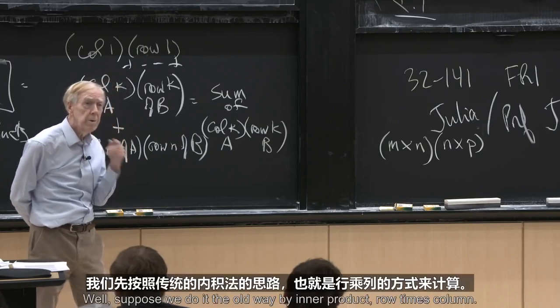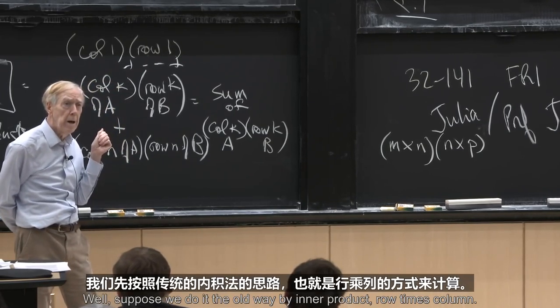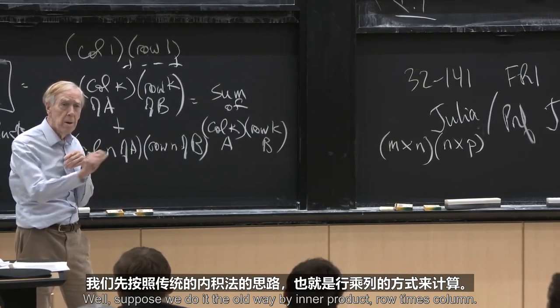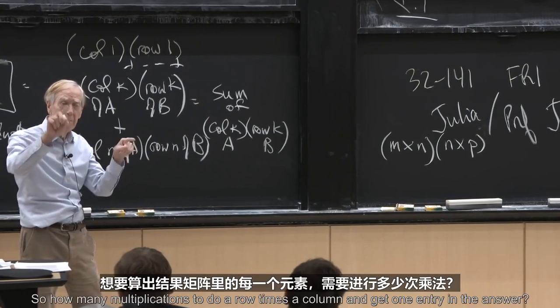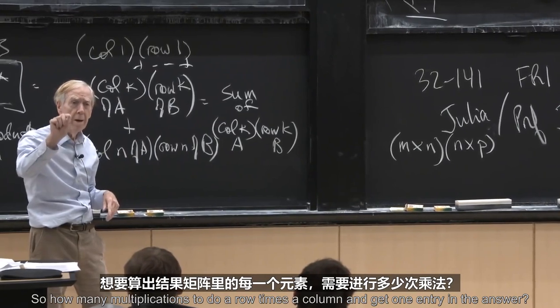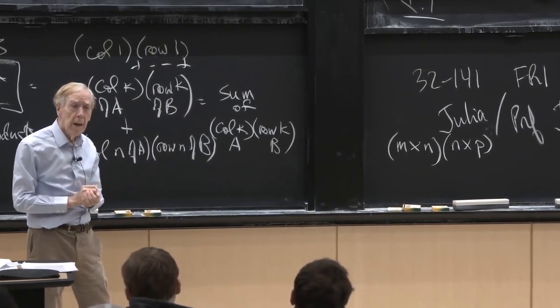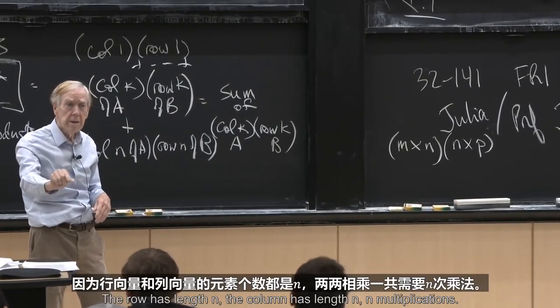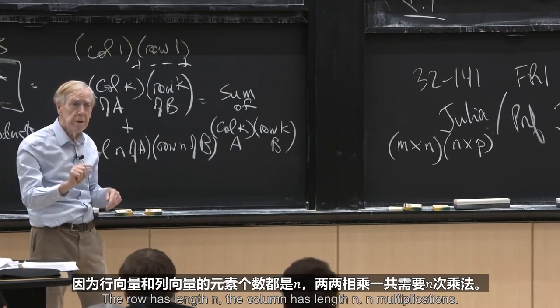Well, suppose we do it the old way by inner product, row times column. How many multiplications to do a row times a column and get one entry in the answer? N, right? The row has length N, the column has length N.